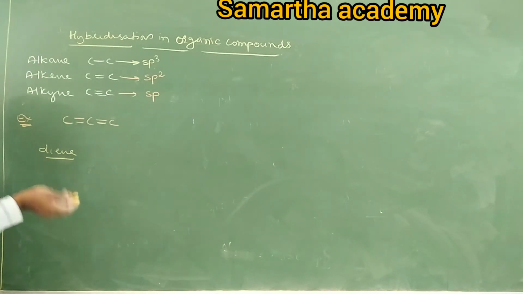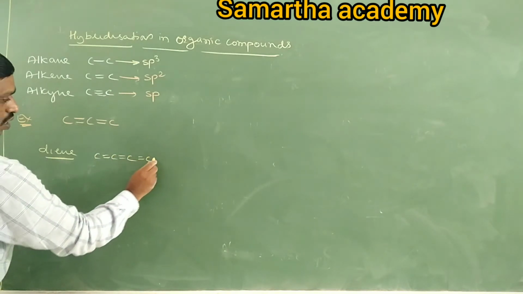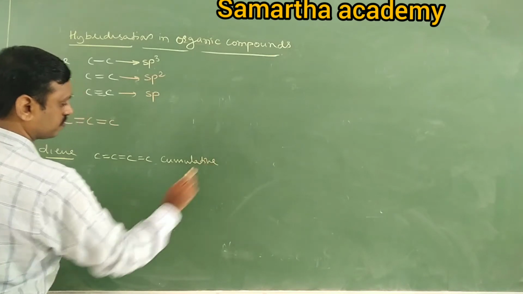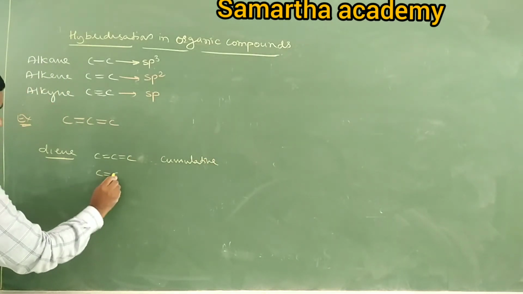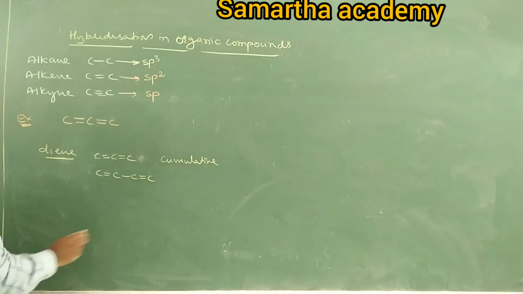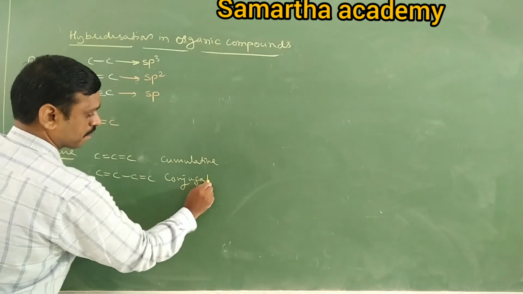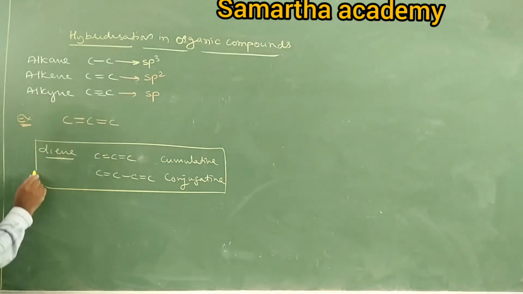If double bonds are present continuously, they are called cumulative dienes. If a double bond is present here and a double bond is present here, what is this? Conjugated. Okay, fine. Now we are studying cumulative, which means double bonds present continuously.